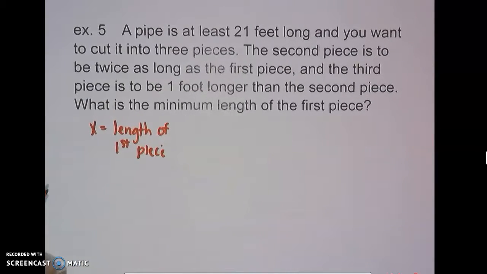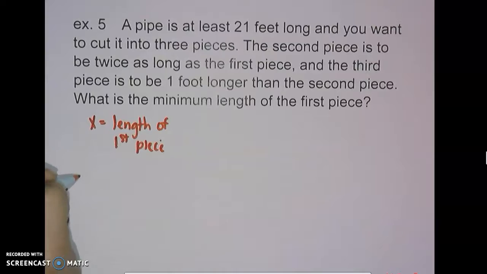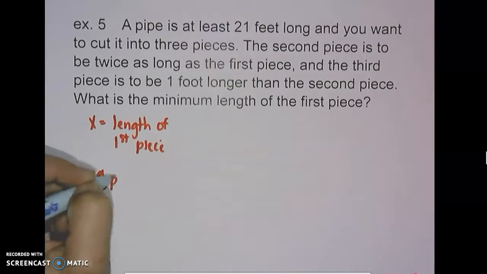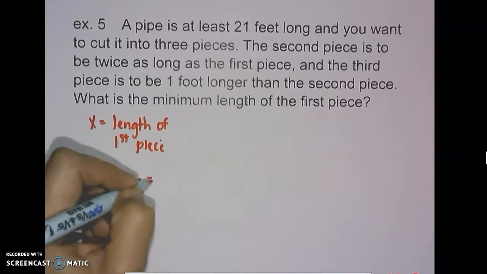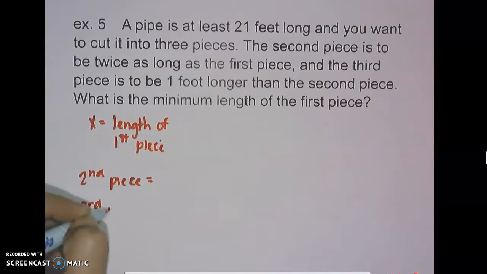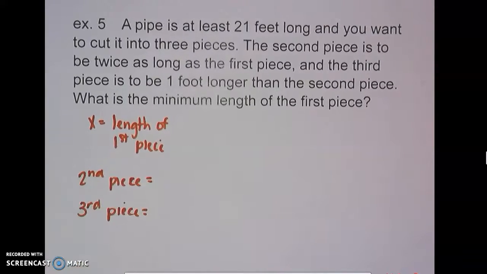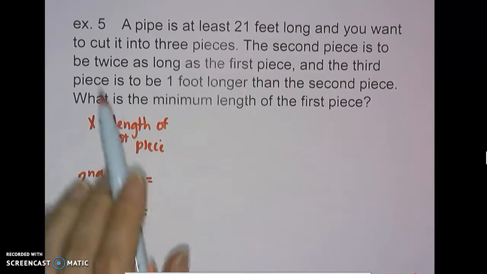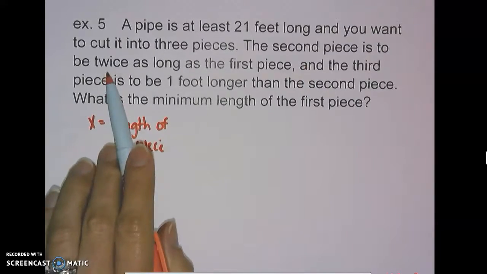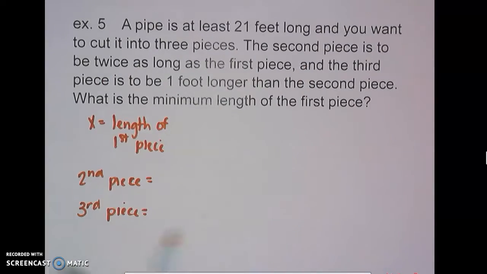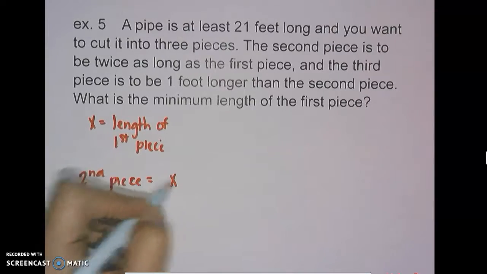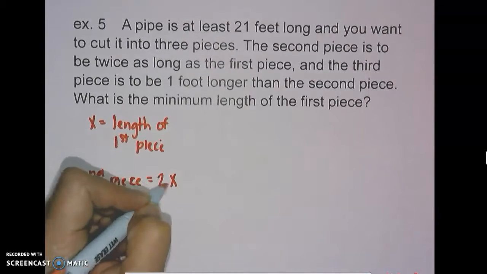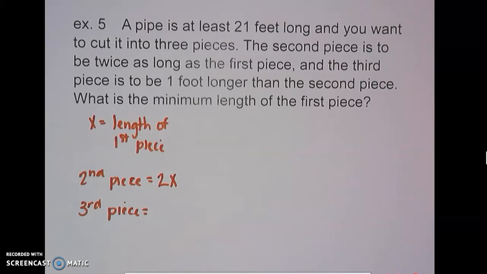But we also have here the second piece and the third piece that we have to take into account. So the second piece, it says the second piece is to be twice as long as the first piece. If the first piece is x, twice that length would be 2x.